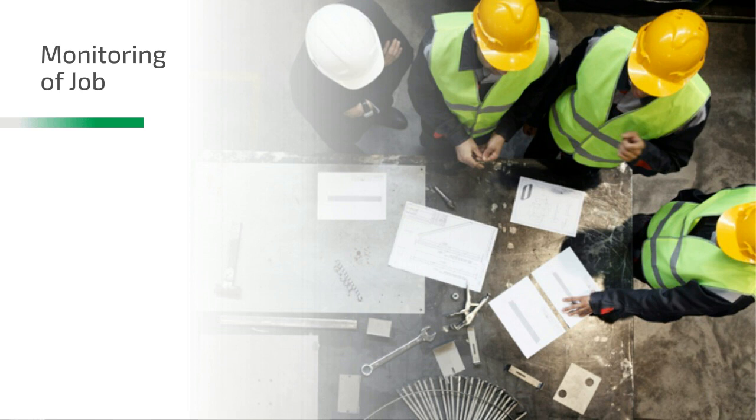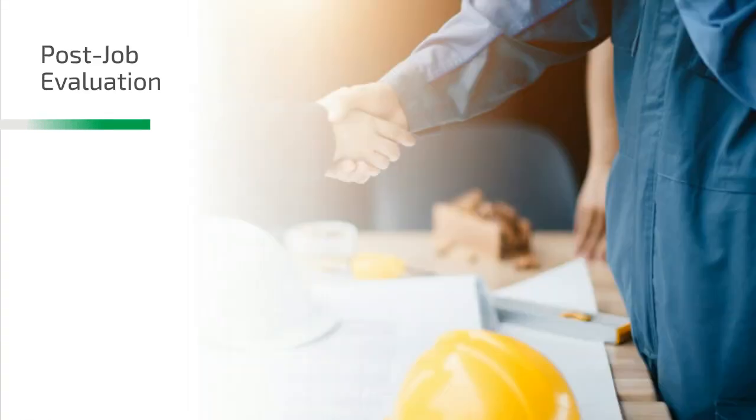I think even that, to some extent, probably is not completely true. So you have some responsibility to monitor that work as it goes. And the fifth step of the contractor life cycle is the post-job evaluation. How did we do?